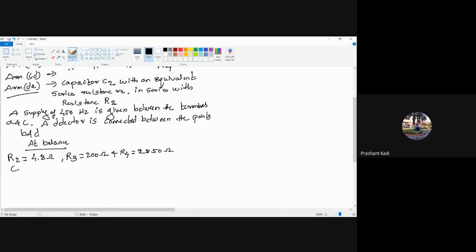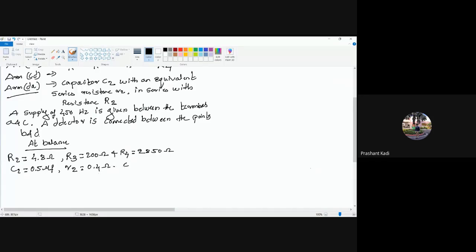Next, C2 is given, 0.5 microfarad, and small r2 is 0.4 ohm. Okay, so these are the given values.